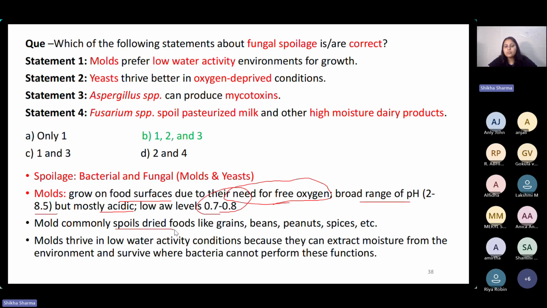Mold commonly spoils dried food products like grains, beans, peanuts, and pulses. So the molds thrive in low water activity conditions because they can extract water from the environment and survive where bacteria cannot. So statement 1 is correct here.